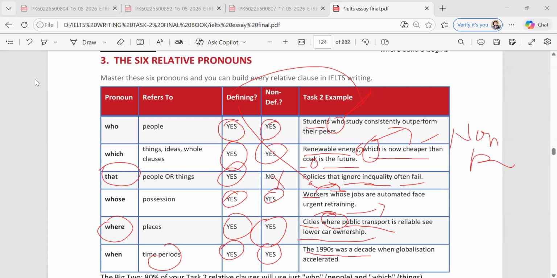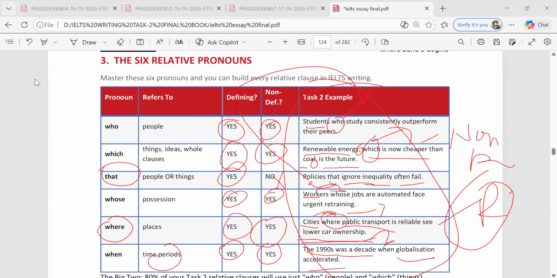The 1990s was a decade when globalization accelerated. It refers to time. So any student who knows how to use these relative pronouns can really uplift their score. You can achieve a high band if you know how to use relative pronouns.